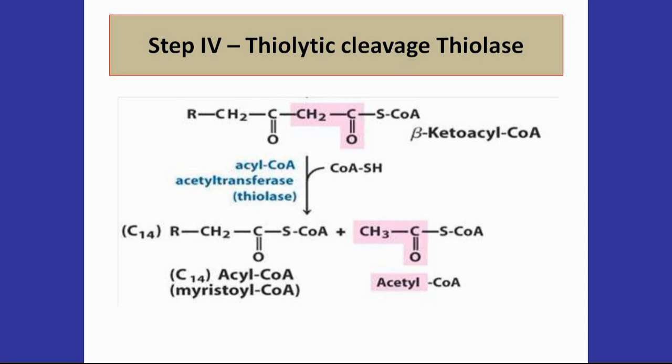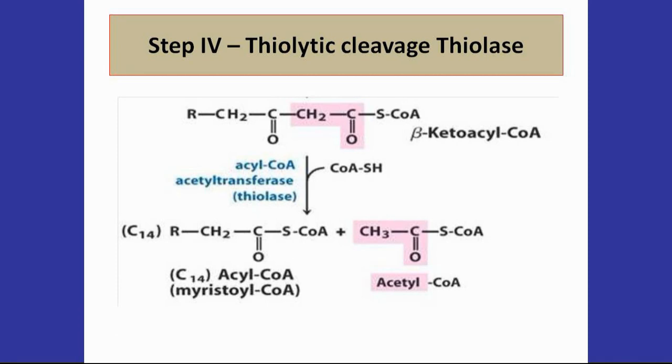This whole reaction occurs by a thiolytic cleavage, and it is catalyzed by beta ketoacyl coenzyme A thiolase, or the thiolase enzyme. Don't get confused here: the thiolase enzyme is also known as beta ketoacyl coenzyme A thiolase. So that is the reaction I have shown here.